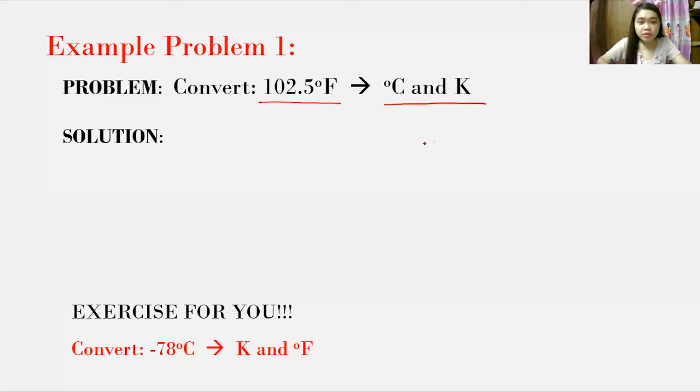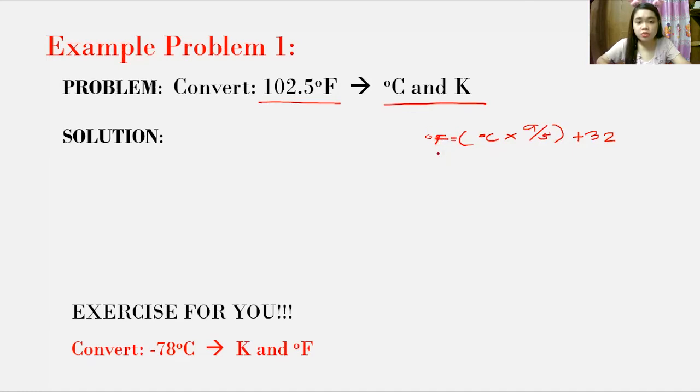So we know that degrees Fahrenheit is equal to degrees Celsius multiplied by 9/5 plus 32. This is the way we will do it if we are given Celsius and we want the conversion to degrees Fahrenheit.